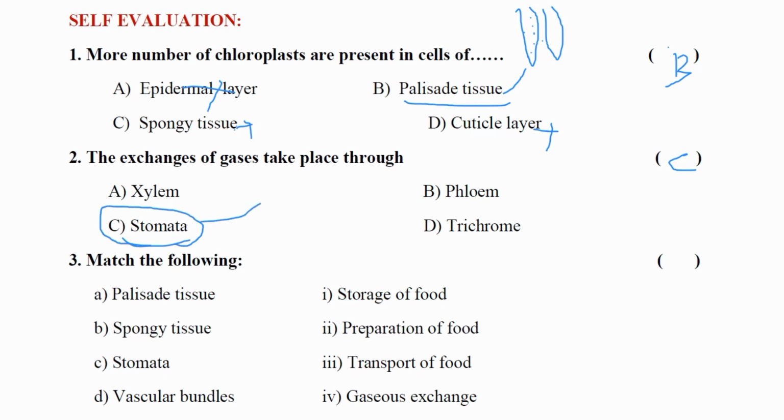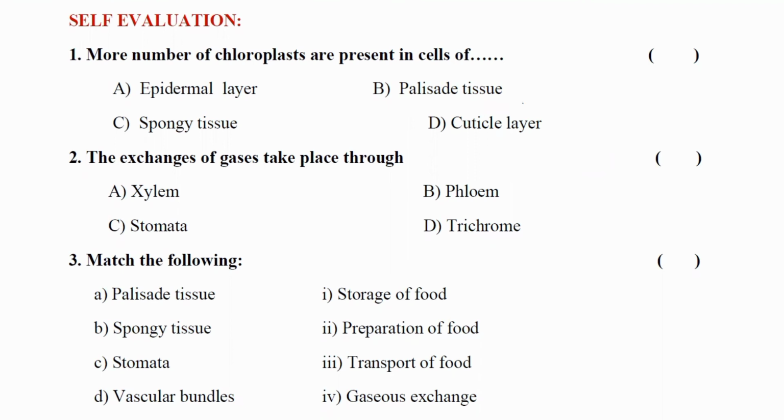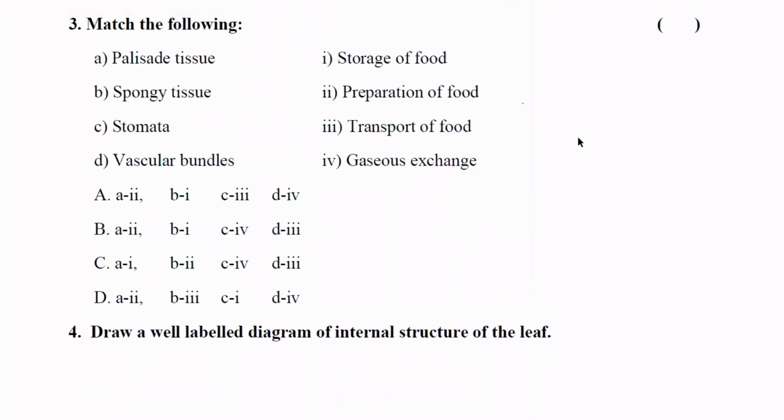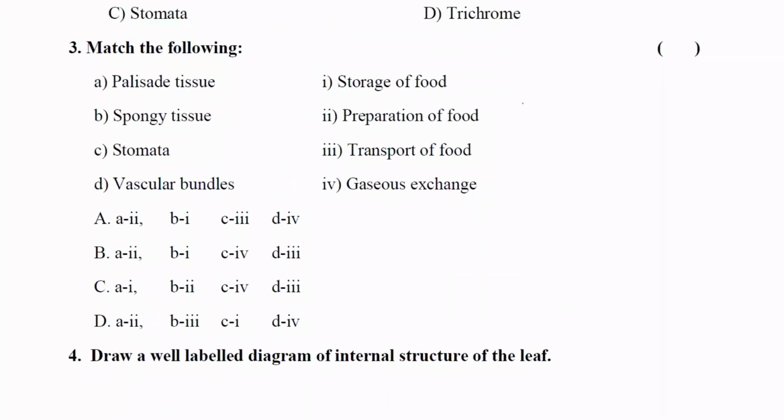Match the following. Now let us take the match the following, and we can give the answer easily. Stomata: gas exchange. Palisade parenchyma: preparation of food material.